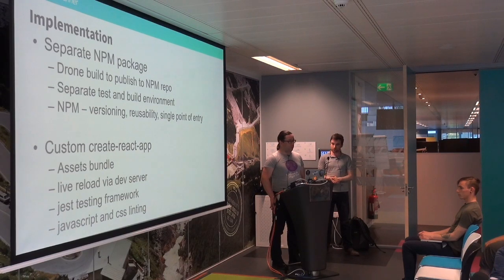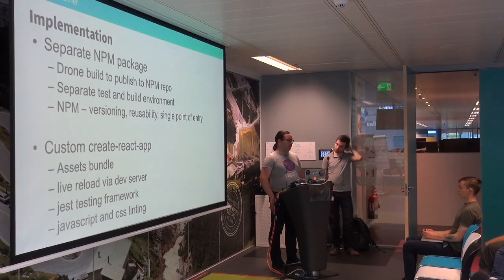So one of the huge helps that we had in this is that, again, our internal Backpack team had done a reskin of the Create React app that Facebook provides. Just a little bit of customization for tooling and setup for the way that we use things internally. And that gave us a lot of stuff out of the box. It gave us asset bundling, it gave us a local development setup with live reload, built-in testing setup, configuration, linting for all of our code and styles.